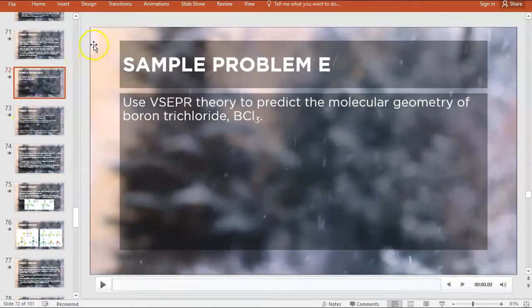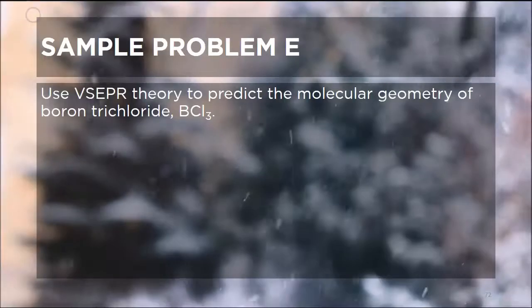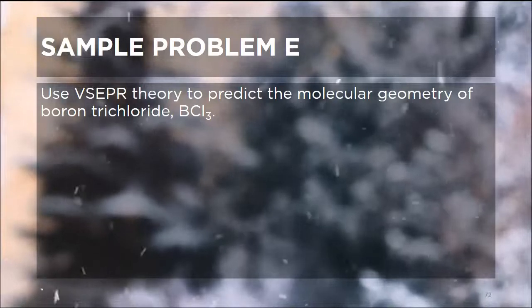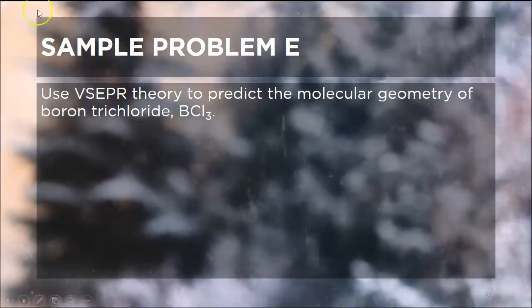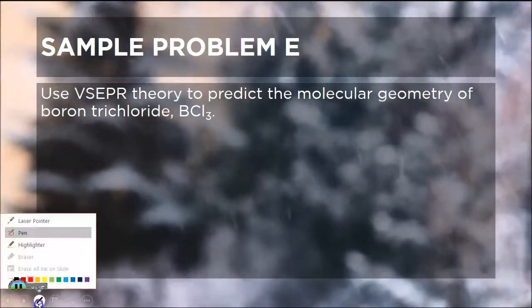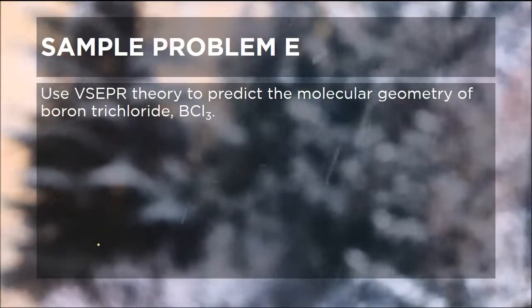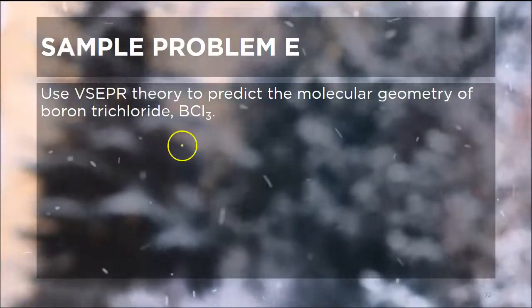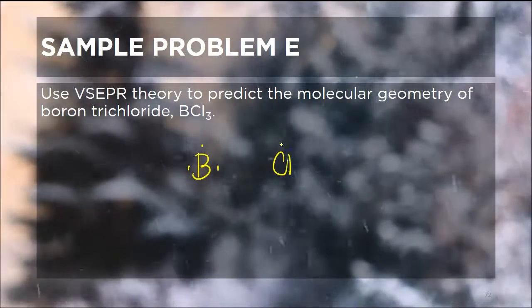So we have an example here, boron trichloride. Remember, boron is another one before carbon. It doesn't have to have an octet. It is satisfied without an octet. So boron would have 3 valence electrons, and each chlorine would have 7.